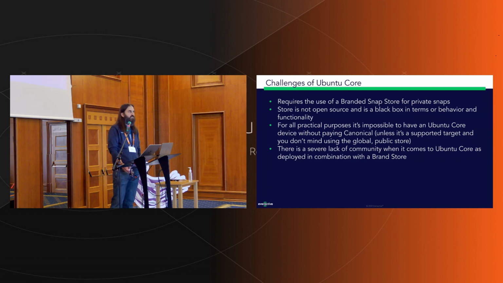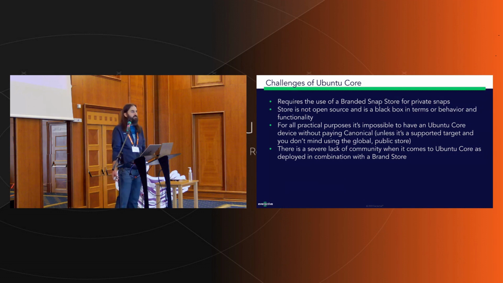And so the store being a black box both prevents you from self-service, but it also prevents you from knowing exactly what's going on or how some of those pieces fit together once you're off device. The device makes a lot of requests to the store, but things happen behind the curtains in the store, and you don't really know some of those things that are going on.